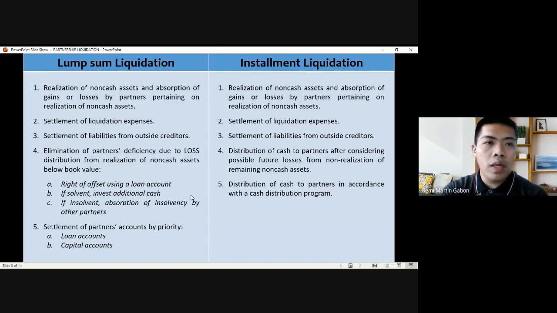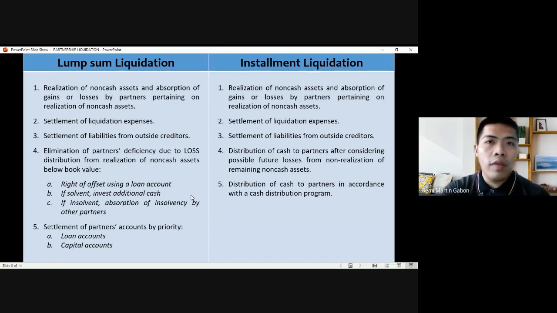However, when it comes to the fourth and fifth step, they are different already. So for lump sum liquidation, after settlement of liabilities, there must be elimination of deficiency due to loss distribution from realization of non-cash asset. So there is a right of offset. Magkakaroon muna ng tinatawag na right of offset. Okay? Either right of offset using loan account, or kung si partner is solvent pa, meaning meron pa siyang personal assets, the partner can invest additional cash.